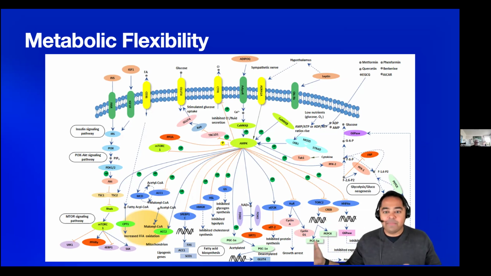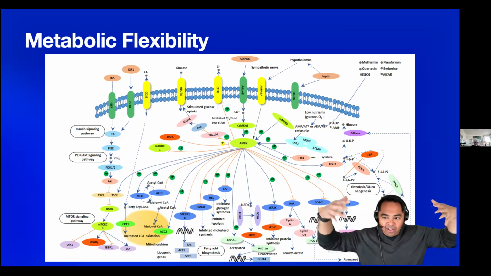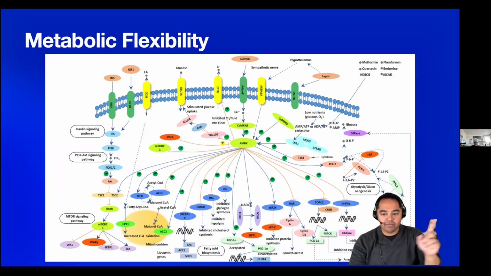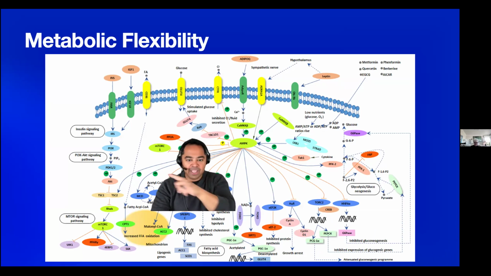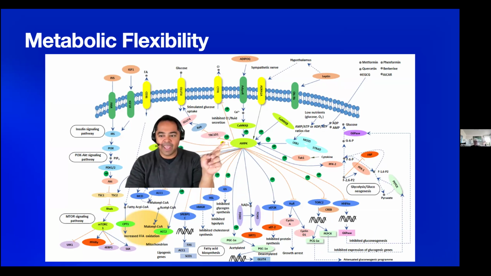It's involved in leptin, which, if you remember, is one of the hormones of energy balance that helps our body sense fullness or if we need to eat. And they all converge right here at AMPK.